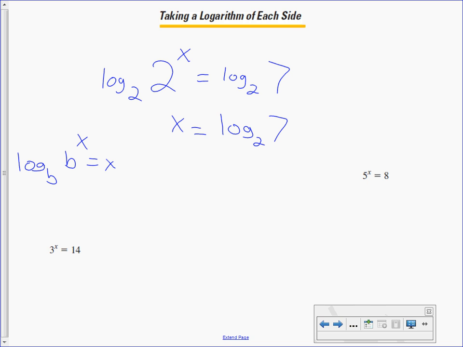That's going to give you a decimal answer because your calculators will figure out change of base for you. And you get some decimal. At least you should.